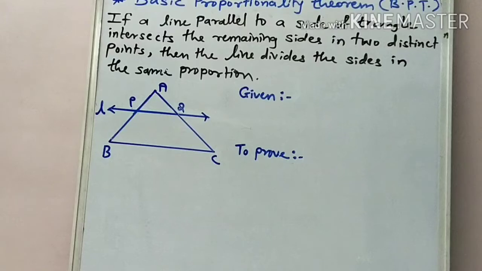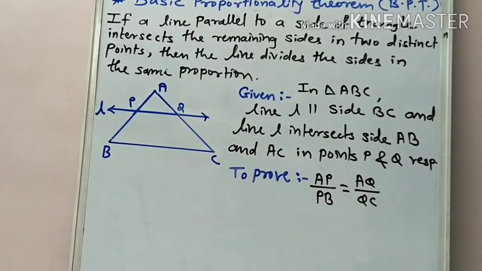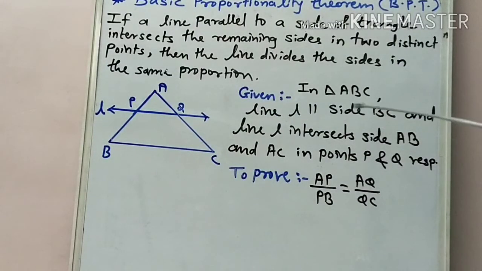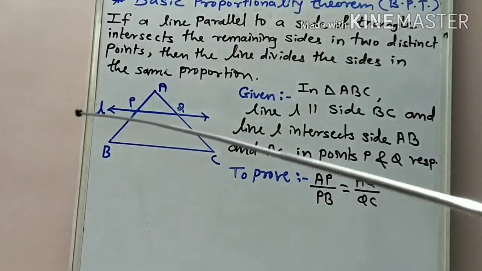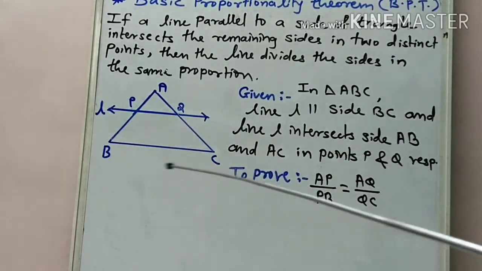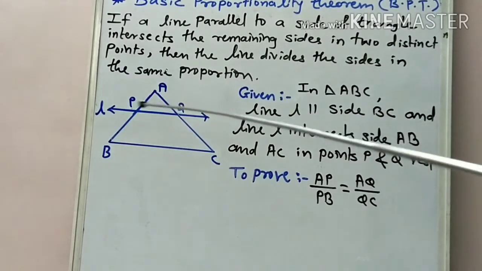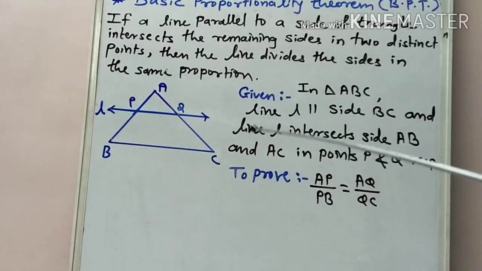Okay, students. Now we write down the given part and the part to prove. First we draw the triangle. So in triangle ABC, we draw line L parallel to side BC, and we mention it in the given part. Line L intersects AB and AC at points P and Q respectively.